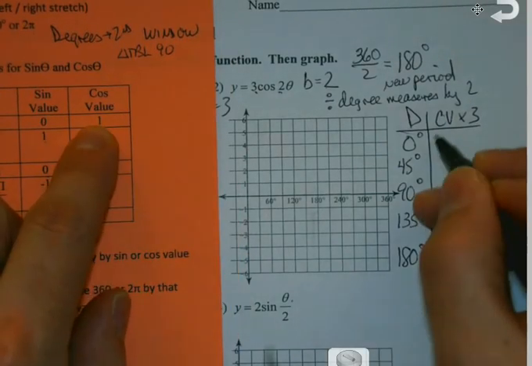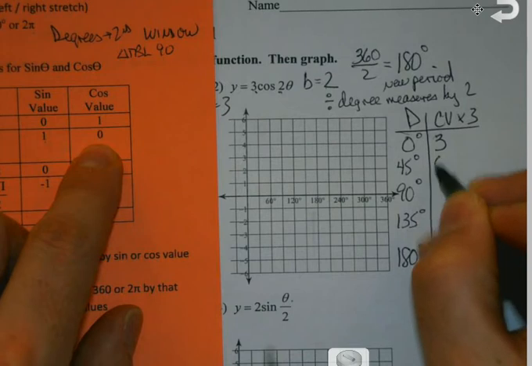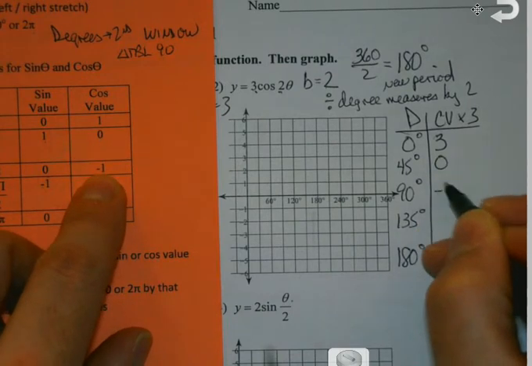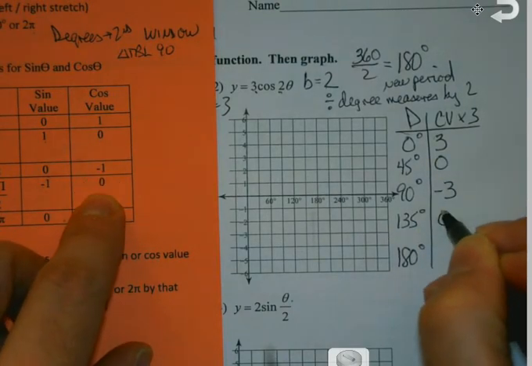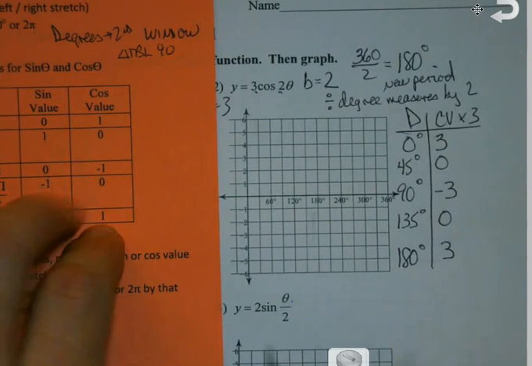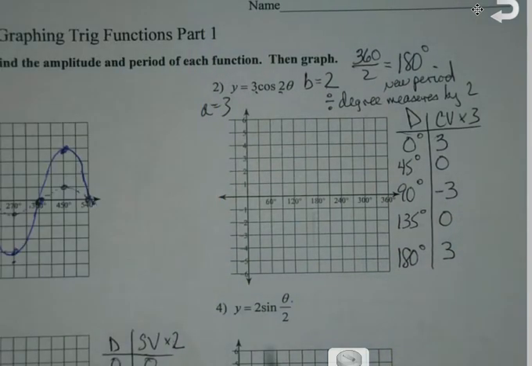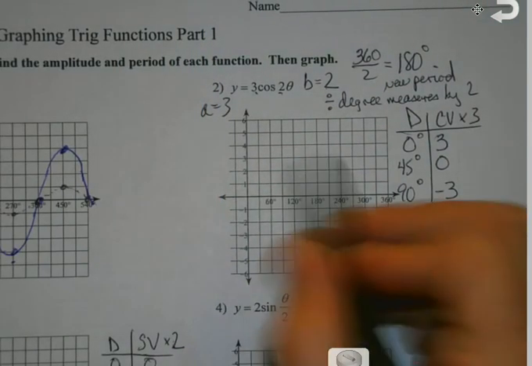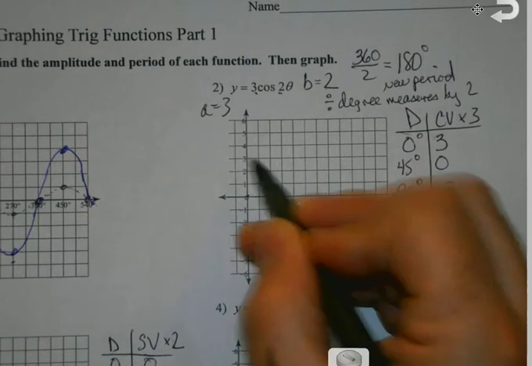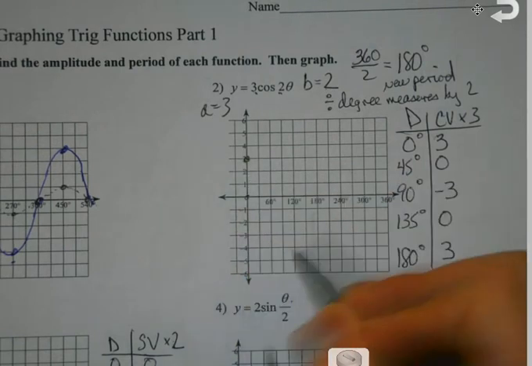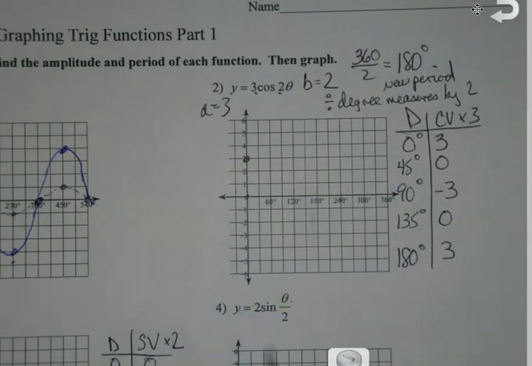So 1 times 3 is 3. 0, negative 3, 0, 3. I don't have to get cute with this. So 0, 3. At 45, you're like, wait a minute, Harty.